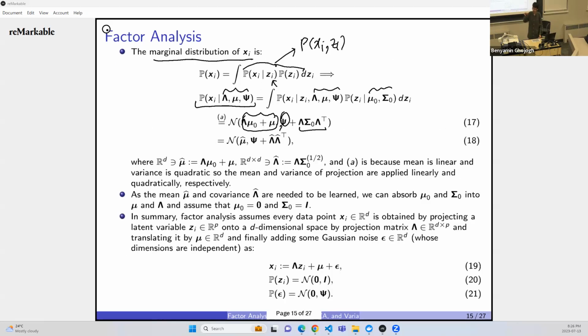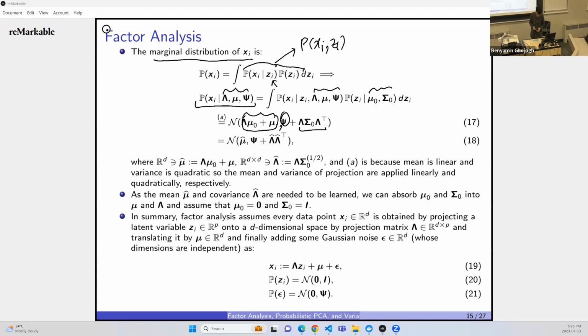Therefore, after transformation, it becomes lambda sigma 0 lambda transpose. We had this discussion for PCA also. By the way, I know it's a bit hard to absorb. There is no exam on it. Just try to understand and enjoy it. These are the hard parts of machine learning. Few people understand these parts.